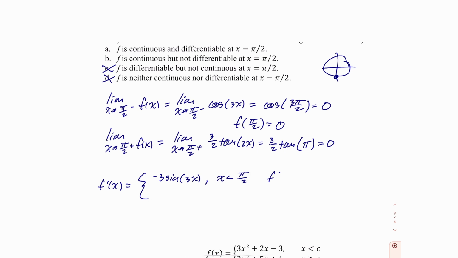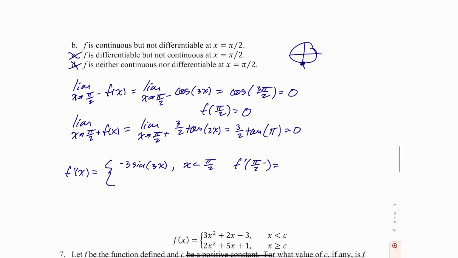So f prime of pi over 2 from the left is negative 3 sine of 3 pi over 2. Sine of 3 pi over 2 is negative 1, so negative 3 times negative 1 is 3.